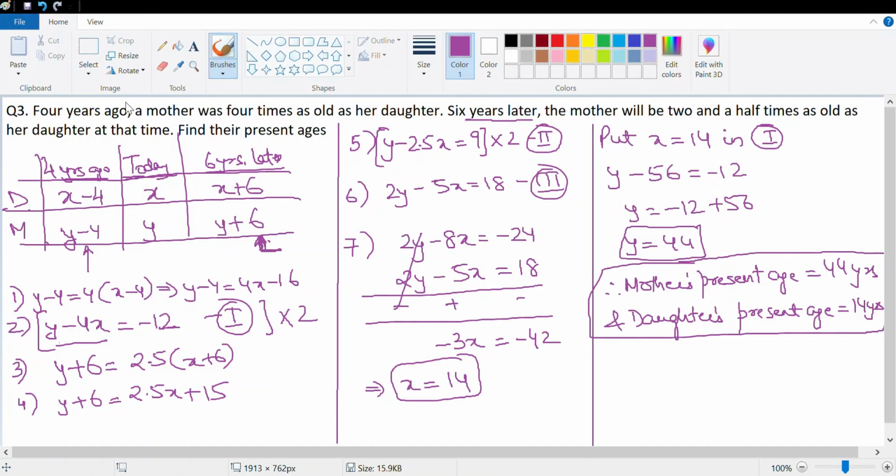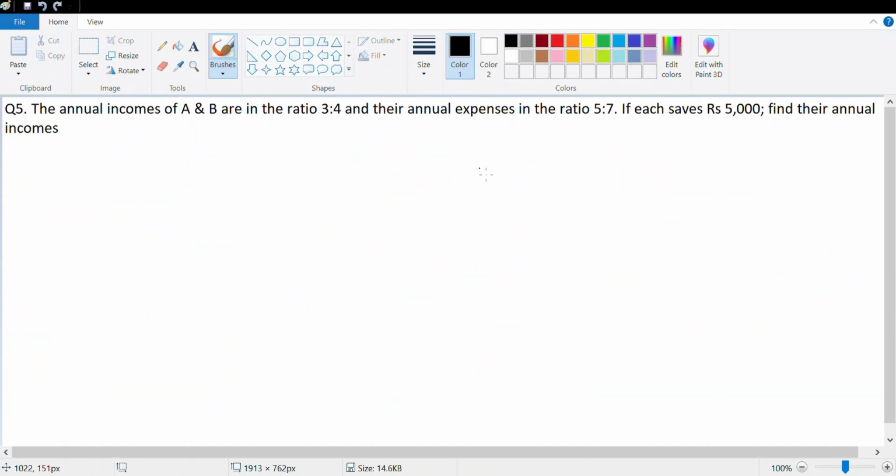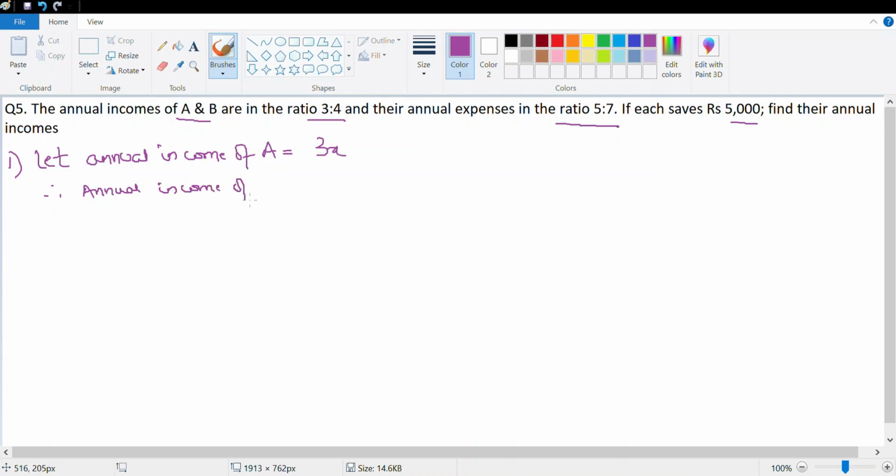The next question that we do is question number 5. It says the annual incomes of A and B are in the ratio 3:4 and their expenses are in the ratio 5:7. If each saves rupees 5,000, find their annual income. Okay, so let the annual income of A be 3x. Therefore, the annual income of B is equal to 4x. So that's why the ratio is 3:4.